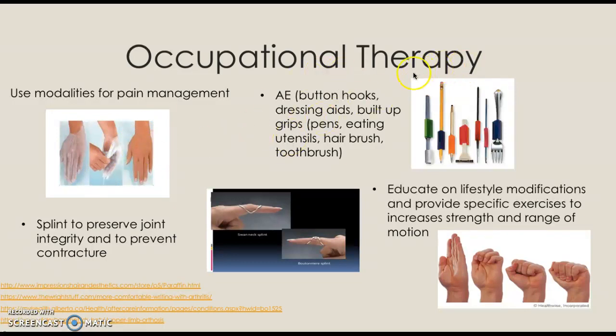We can provide adaptive equipment to assist in grip. This includes button hooks, dressing aids, build-up grips for your pens, eating utensils, hairbrush, toothbrush. Splints preserve joint integrity and prevent contracture, especially with swan neck and boutonniere deformities. And then we can educate on lifestyle modifications and provide specific exercises to increase strength and range of motion.